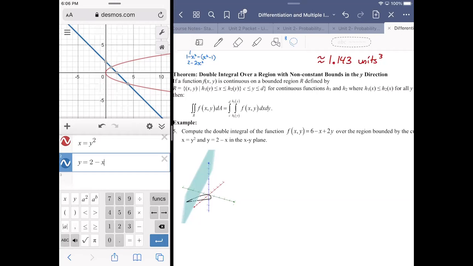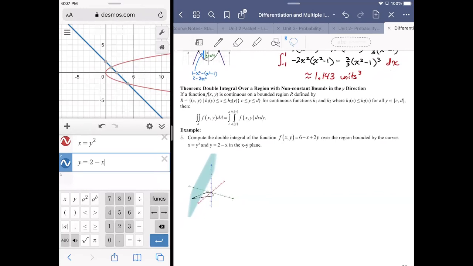You can see the three-dimensional figure: the plane in space and then that projection down onto the XY plane.